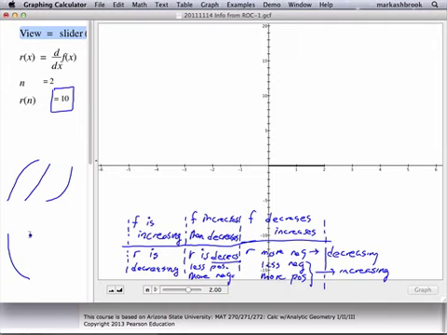Got the whole graph? Got the whole graph?